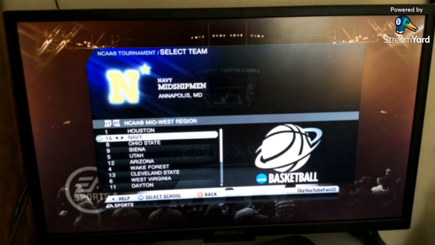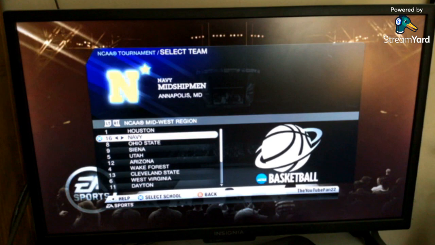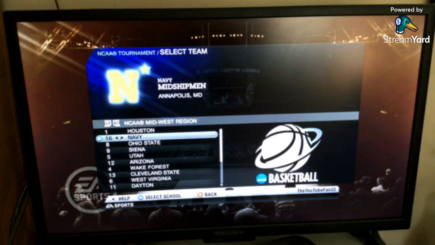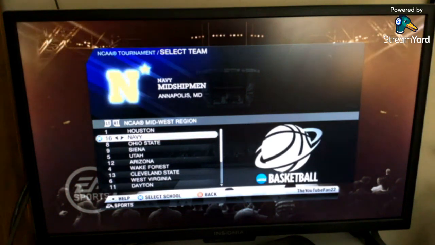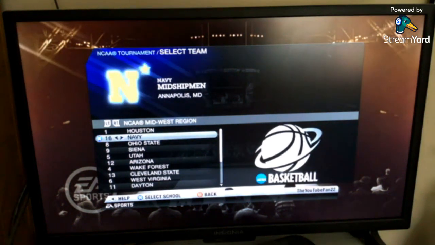So let's go with Mississippi State as the school to play Iowa State, and then Pitt. Okay, so there you have it.